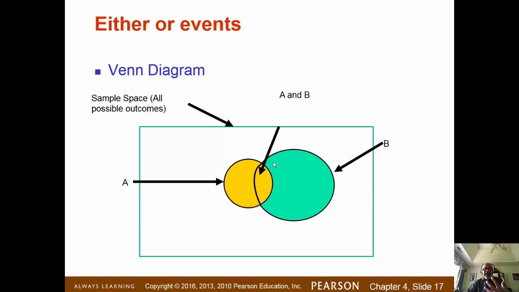Now if you take A, which is that, then you have to add to that the probability of A only, this part, to get A or B. But if you add B to A, then you're adding this section twice. That's the reason why we add A and B and then remove the joint probability that was double counted.